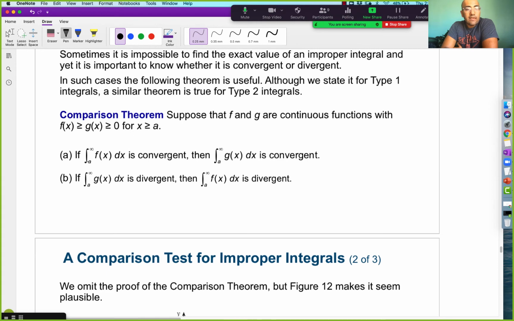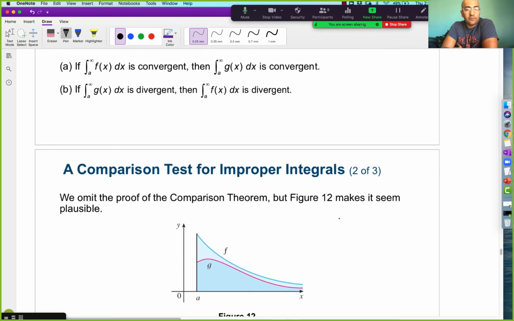Then if the integral from a to infinity of f of x dx converges, so if the bigger one converges, then we can conclude that the one that's always equal to or smaller also converges. Or the other way around, if the smaller one diverges, goes off to infinity, then the one that's always greater than or equal to also diverges.